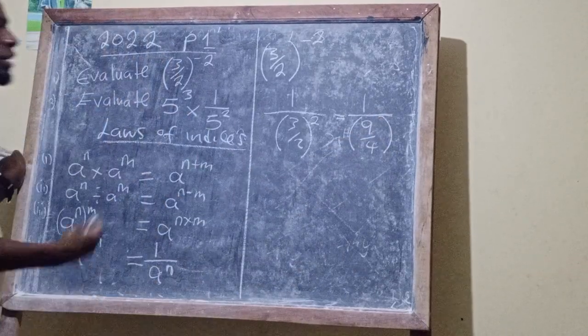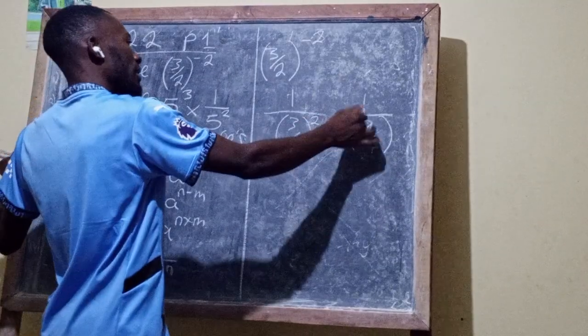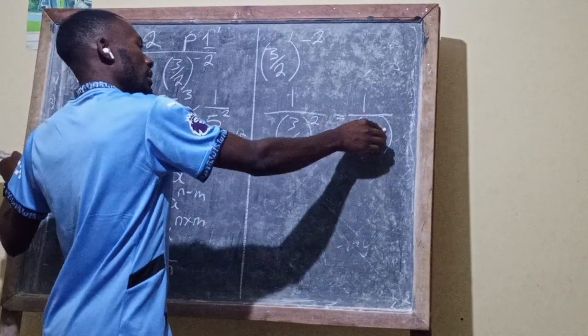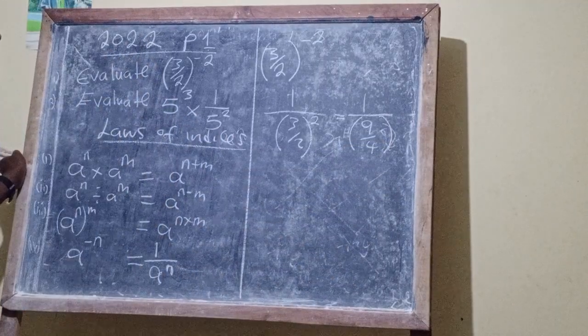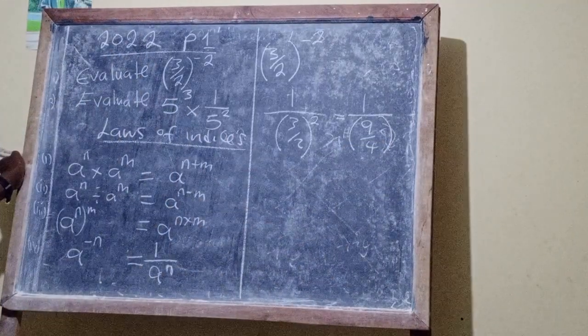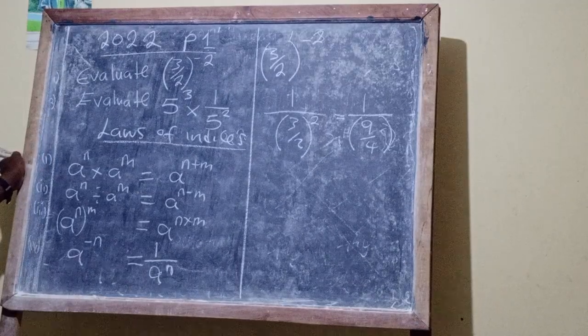Okay. So here now we'll consider the division. When you're dividing 1 by this, that means they are going to reciprocate those. 9 will become 4 and 4 will be 9. So they are going to interchange. The numerator becomes the denominator, the denominator becomes the numerator.